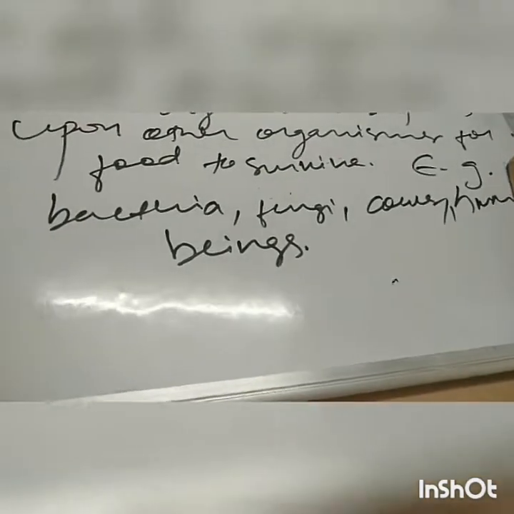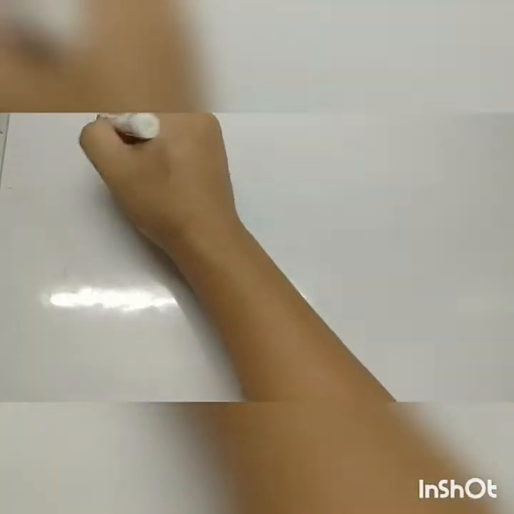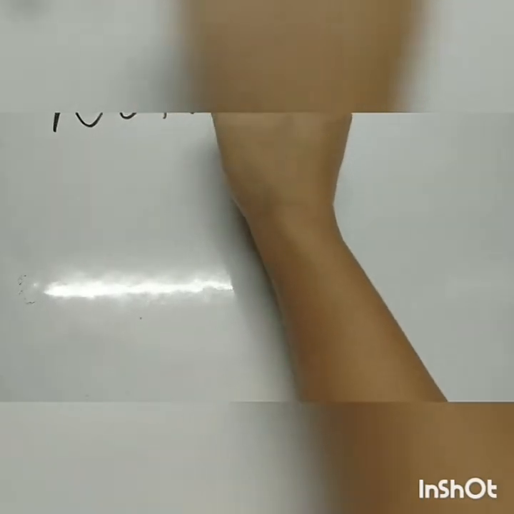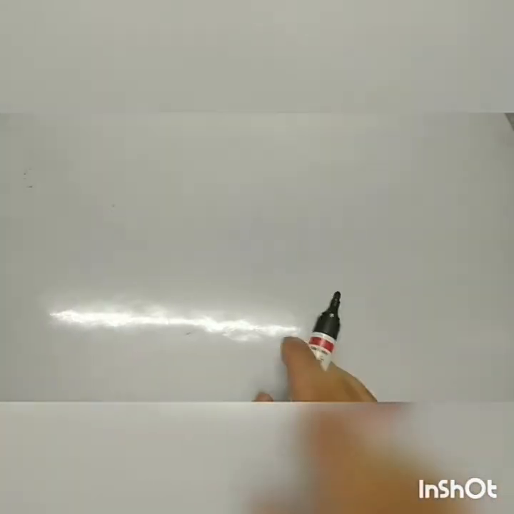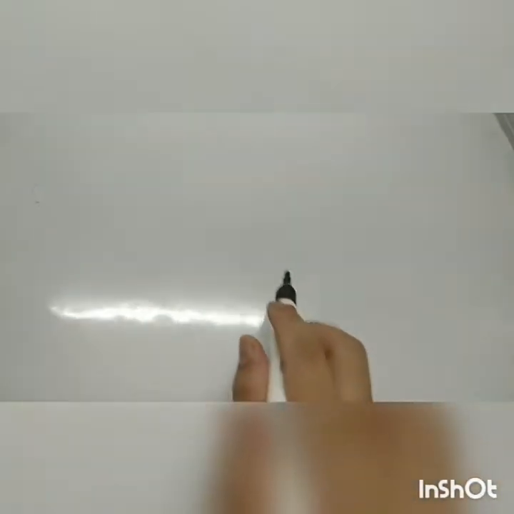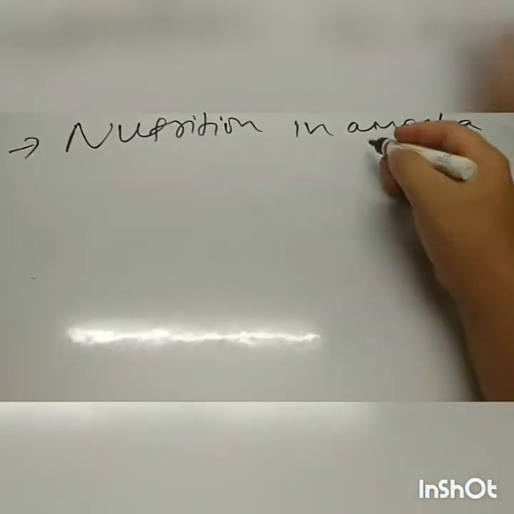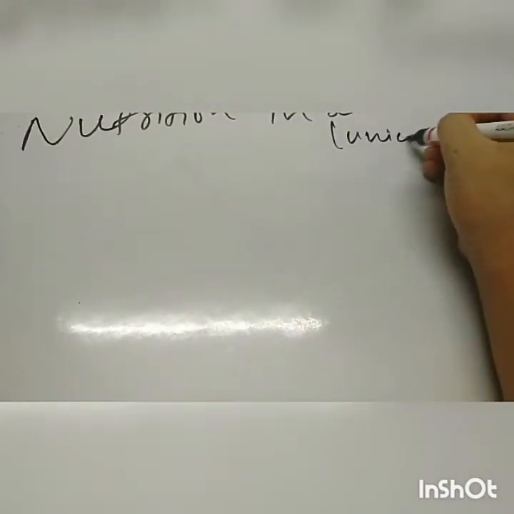Now we will see nutrition in amoeba. In heterotrophic nutrition, nutrition in amoeba and nutrition in human beings is very important. Now we will see how nutrition in amoeba takes place. You know that amoeba is a unicellular organism.